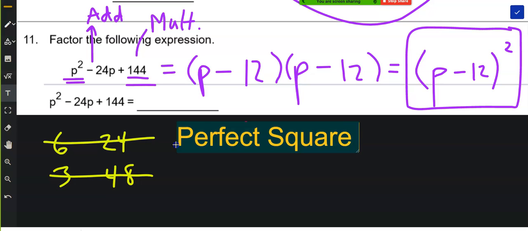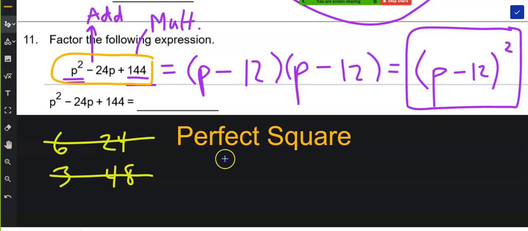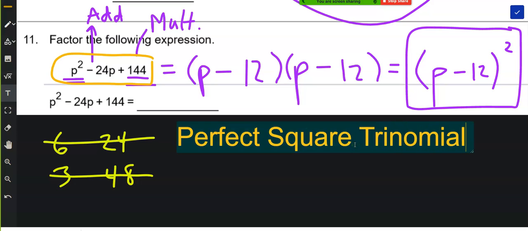How many terms do you see here? P squared minus 24p plus 144. How many terms? 3. What's the cool term we had for something that had 3 terms? Trinomial. That is called a perfect square trinomial.